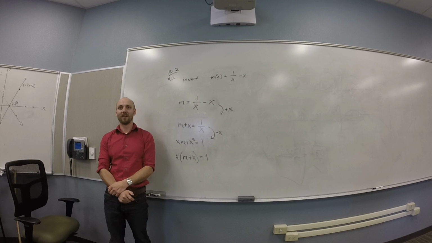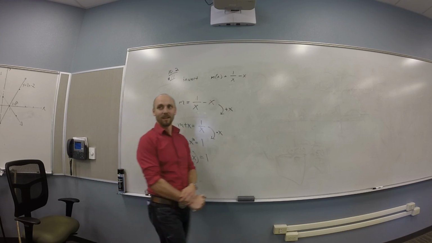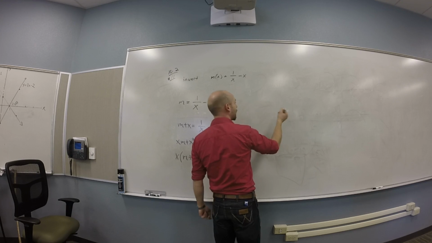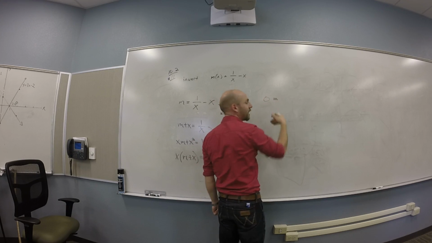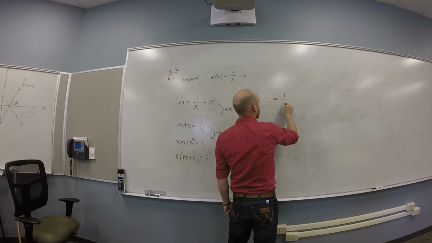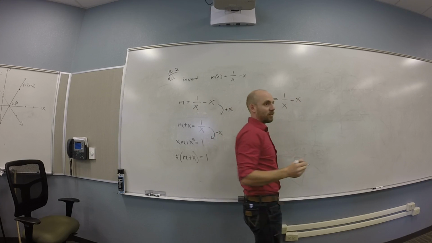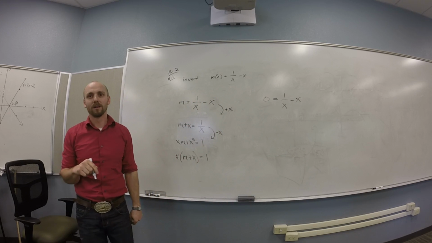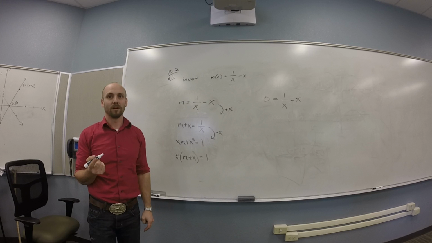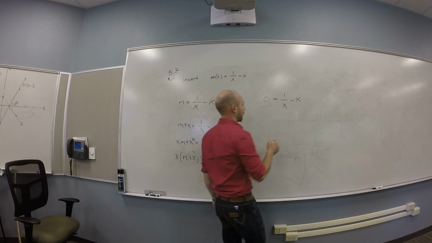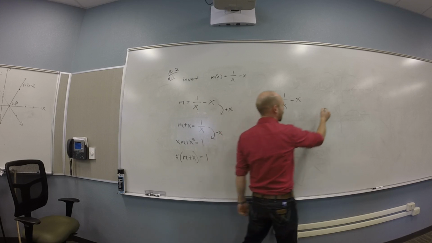What's the easiest output to check? 0 is the easy output to check, right? Are there two numbers, x, that you can stick in here and get 0 out? Like, how could I solve this? 1 is definitely a solution.